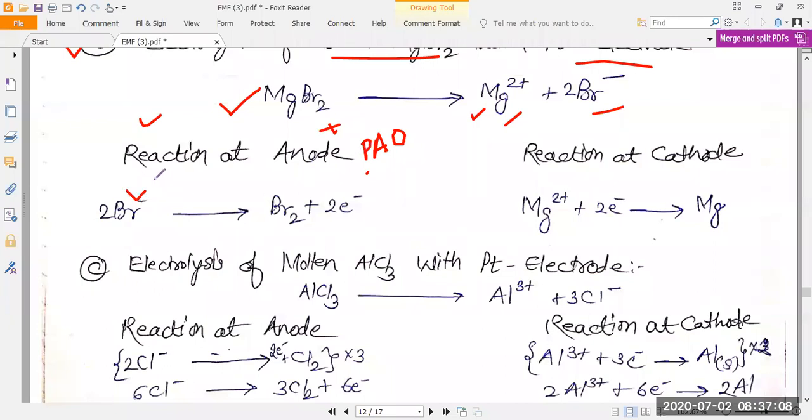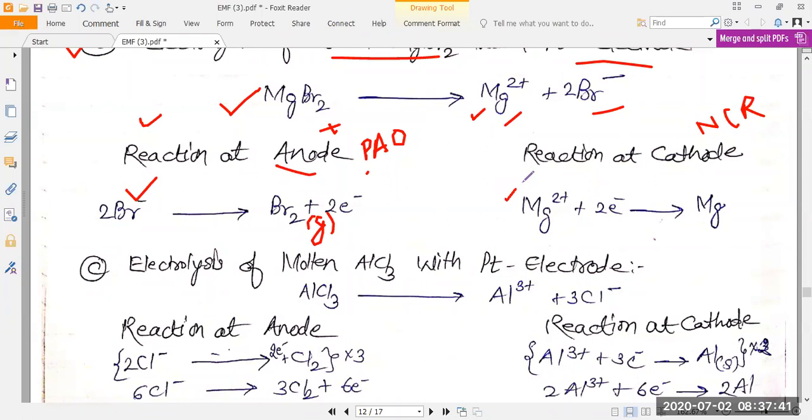In oxidation, the bromide ion releases its electron and converts into bromine gas, Br2. We get bromine gas at anode side. And the reaction at cathode: cathode means NCR, negative cathode reduction.